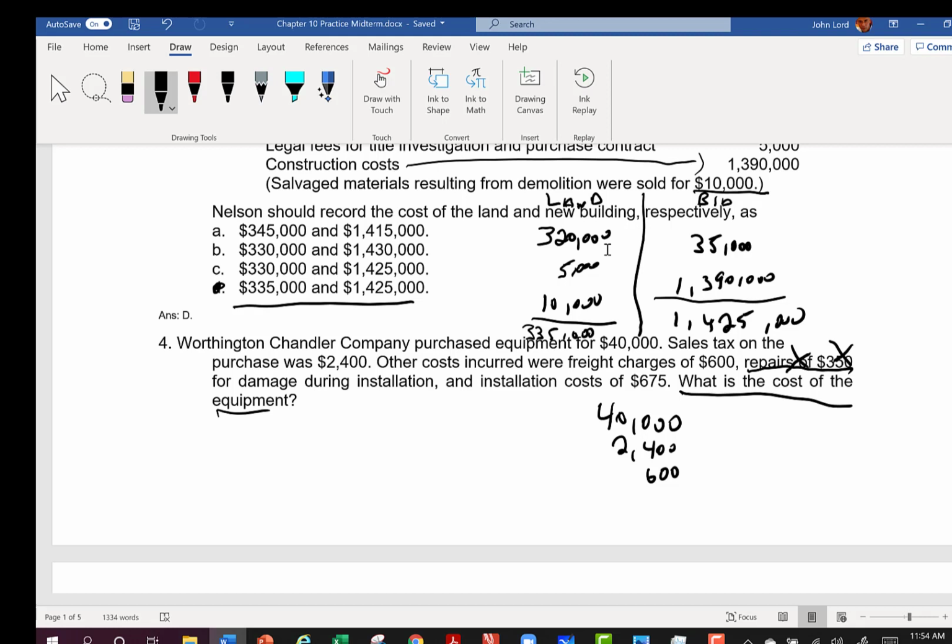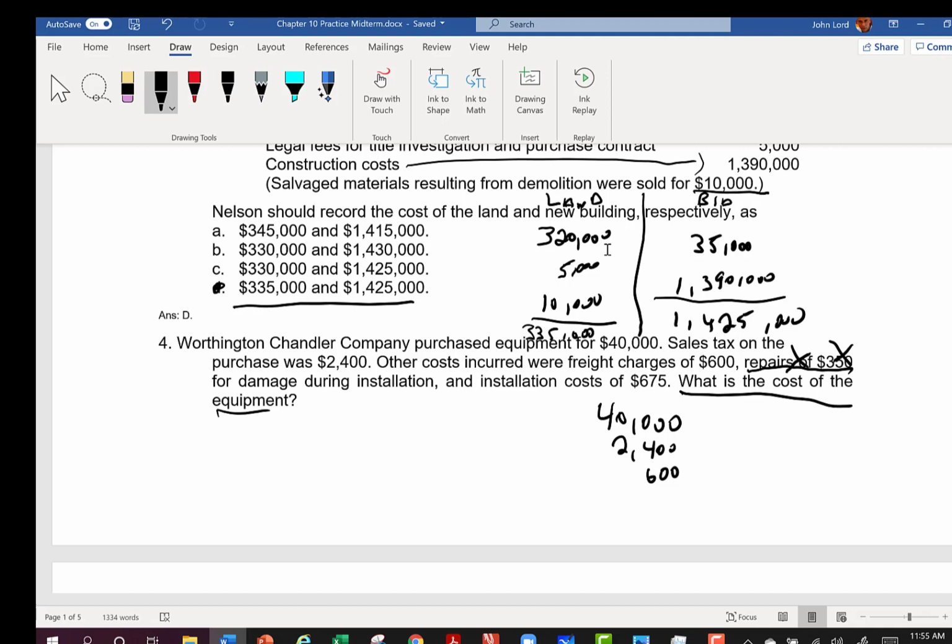This problem didn't want you to do that, because normal repairs are generally expensed, right? But a repair that happens because you damage something while you're trying to install it, that's getting a little granular, I got to tell you, okay? So they didn't want us to include that. I wouldn't give you something like that on the test. I think that's overly tricky, to be honest with you. I don't care for that, okay?